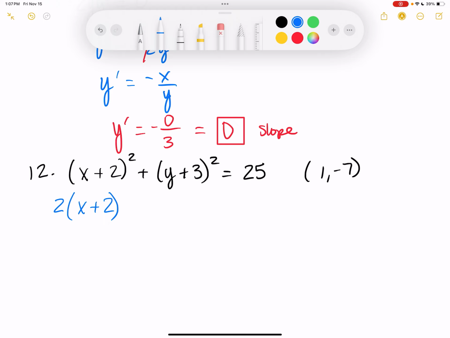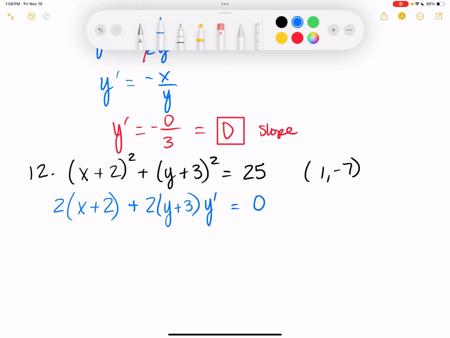And then obviously this one's kind of an easy, quote-unquote, chain rule because the derivative of x inside is just 1, so we don't have to worry about that one. The second part would be a little bit more. What's the derivative of this one? 2 times (y plus 3) times y prime.